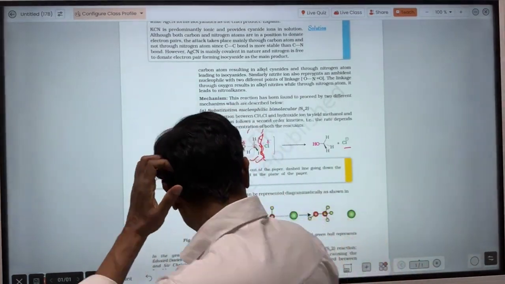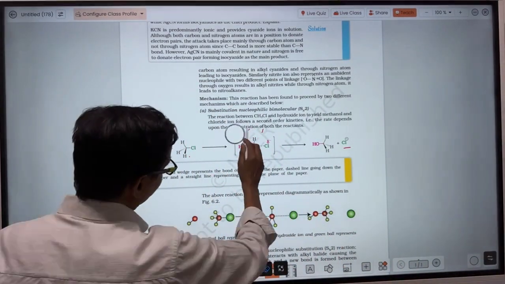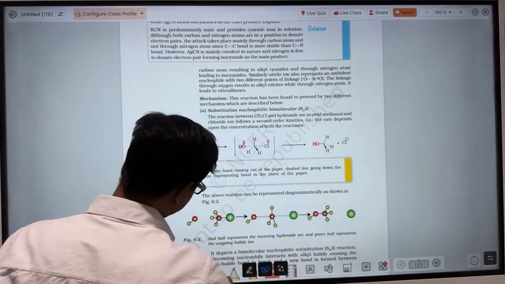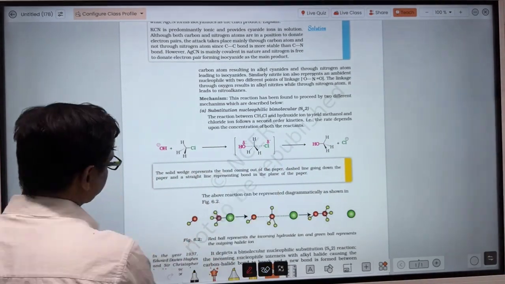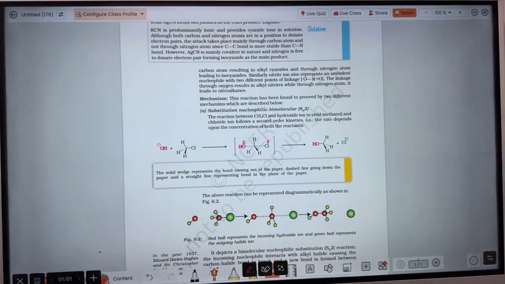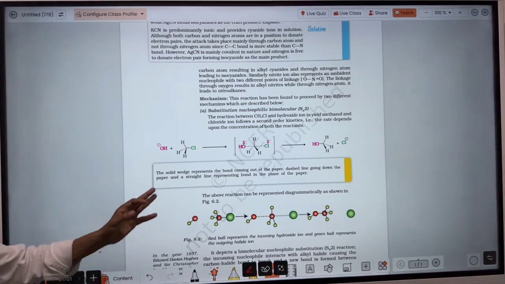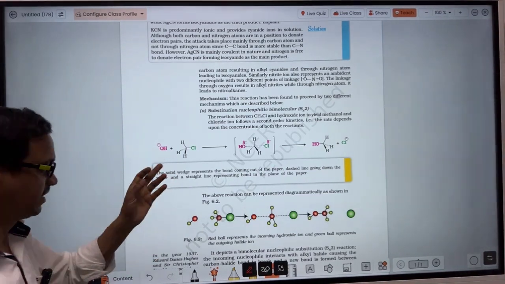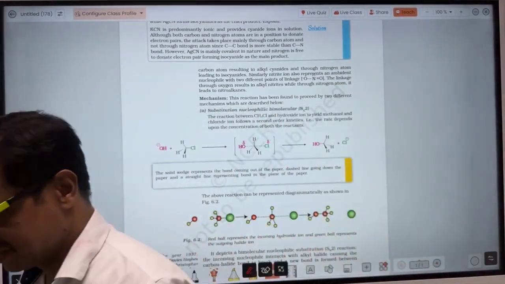Here, I think everyone knows the meaning of the solid wedge and this dashed wedge. But if anyone doesn't know, listen here. Solid wedge means towards the observer, and dashed wedge means away from the observer.